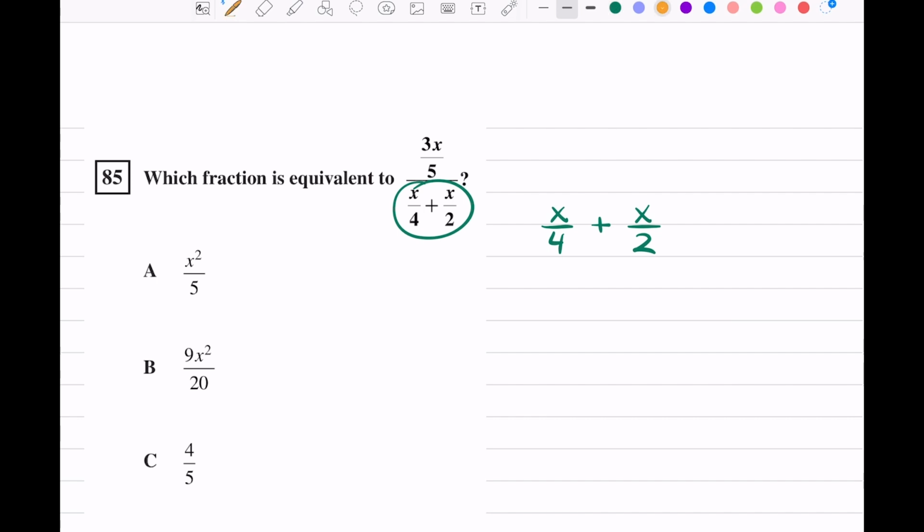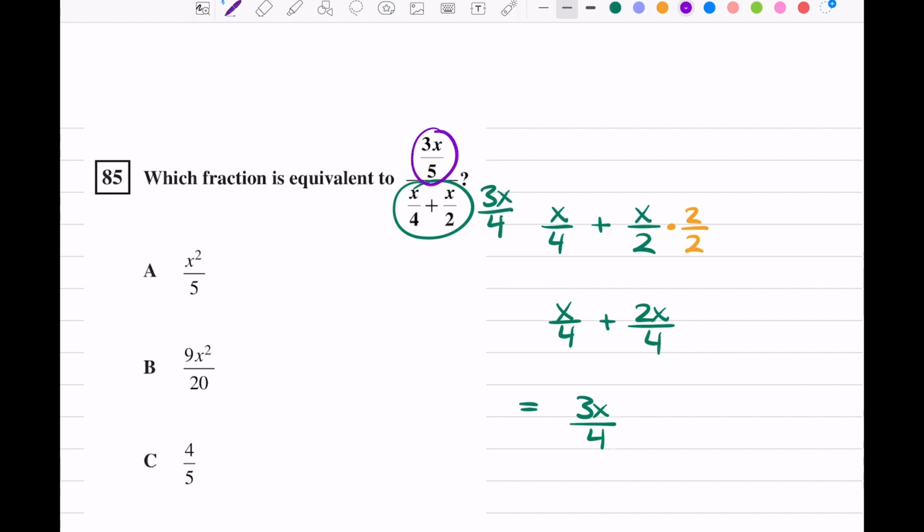In this case, our common denominator would be 4, because we can multiply by 2 on top and bottom here to get a denominator of 4. So we have x over 4 plus 2x over 4. And adding these two, we would get 3x over 4. So we added these two fractions and got 3x over 4.